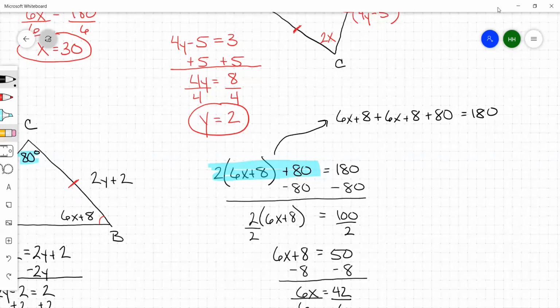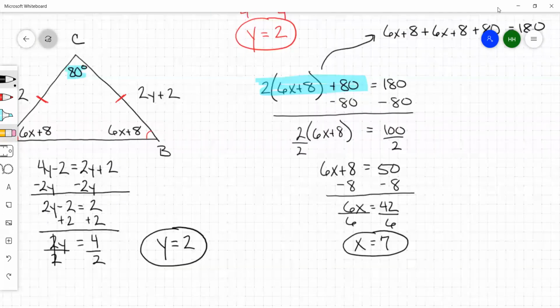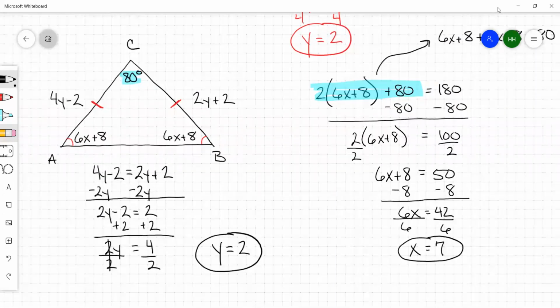I just wrote it as 2 of the 6x plus 8s, or 2 times 6x plus 8. It's a lot simpler. Agreed? If you do all this math, you're going to get the same answer anyway, but we did it in fewer steps. Any other questions from any of those problems?